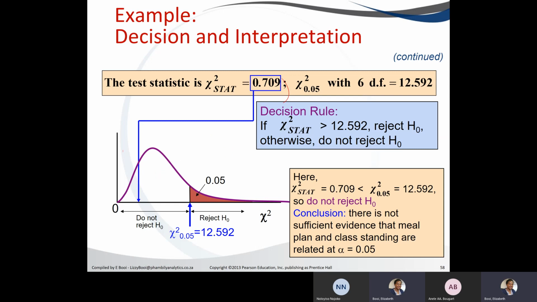So we can make a decision and say, hence, our test statistic is less than our critical value. We do not reject the null hypothesis, and we can conclude that there is sufficient evidence that the meal plan and class standing are independent of each other.